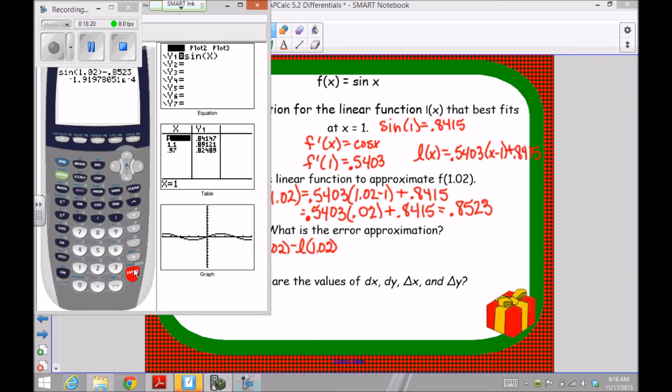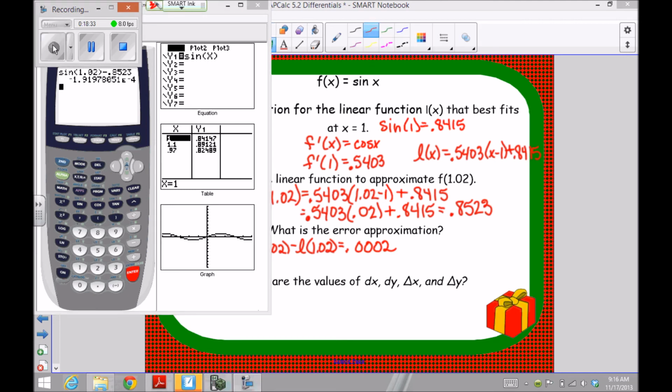Okay, so I am getting 0.0002, it looks like, on that. Okay, so if I do that percentage error, 0.0002, divided by the actual value of 0.8415 times 100%.